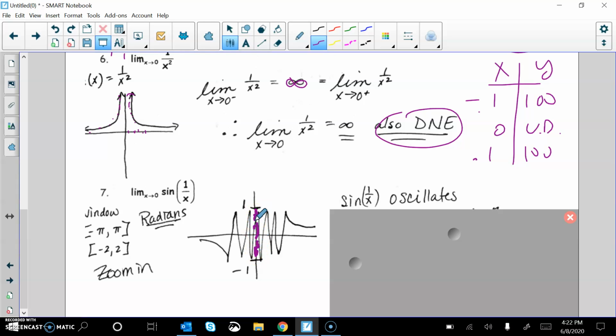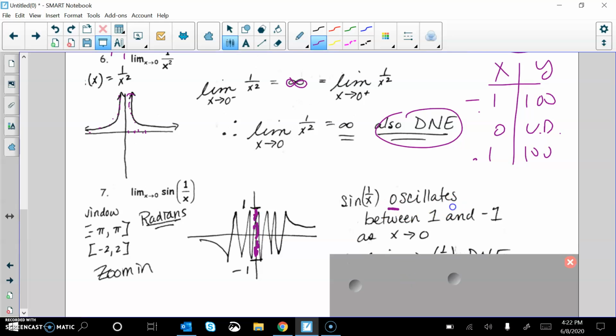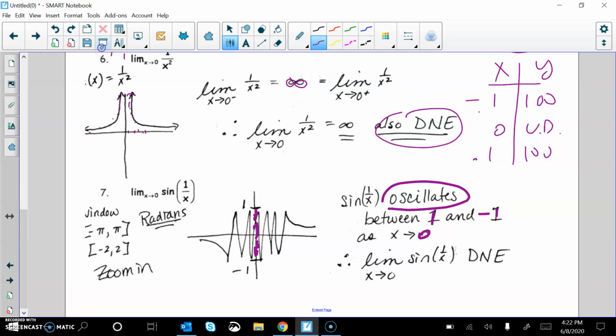So it's not approaching a fixed value. It's oscillating back and forth between 1 and -1 as x gets closer to 0. If you looked at a table and a calculator, you would see that. So once again, the limit does not exist. Those are 3 cases where it does not exist.